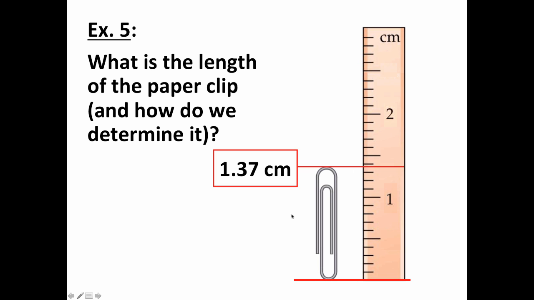That last digit is estimated, and it might have a little uncertainty depending upon how good your measuring device is and how good you are at estimating. But you would report the 1.37. You wouldn't just say, it's about 1.4, close enough. So that is the length of the paperclip.